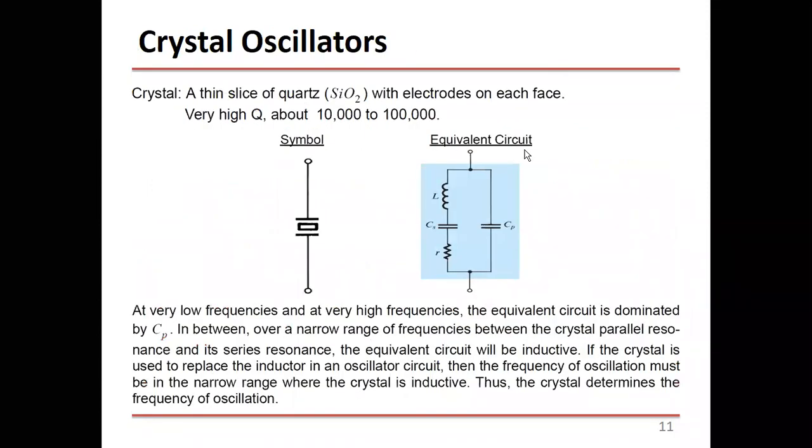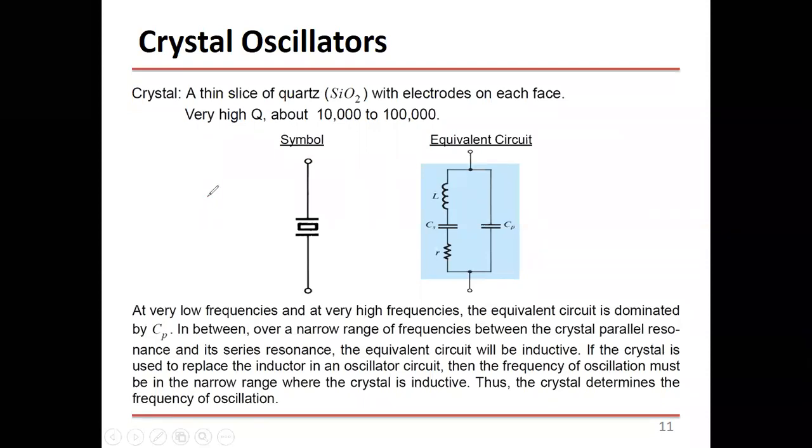Now we move to the third type of oscillators, which are the crystal oscillators. Crystals like quartz and other substances are found in nature, and these are materials that have an amazing phenomenon.